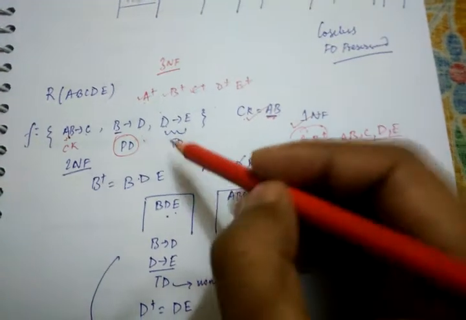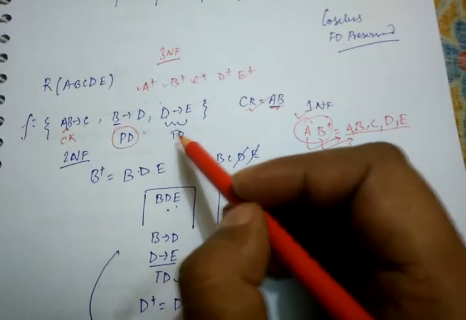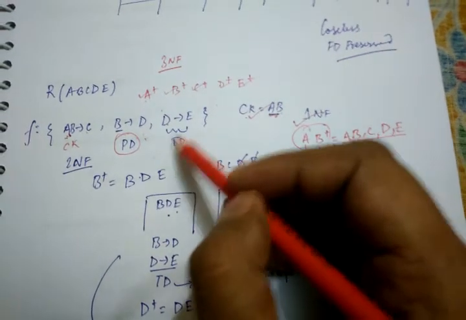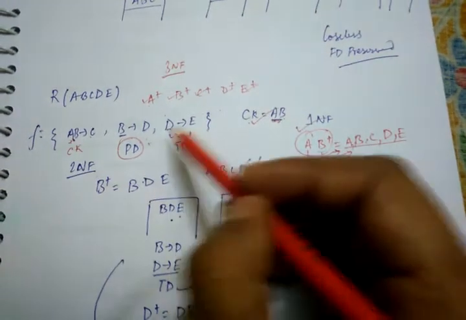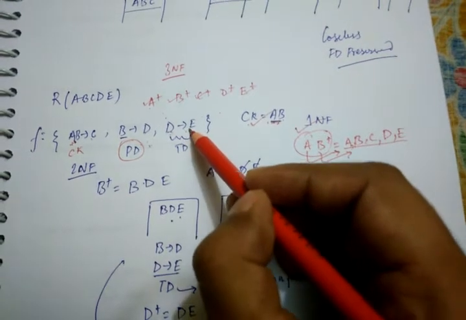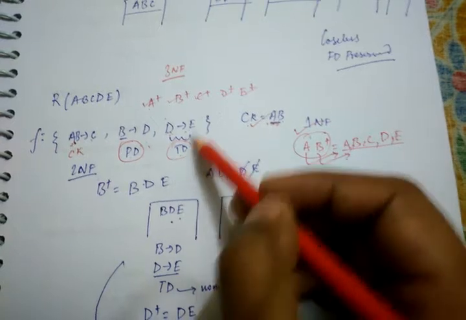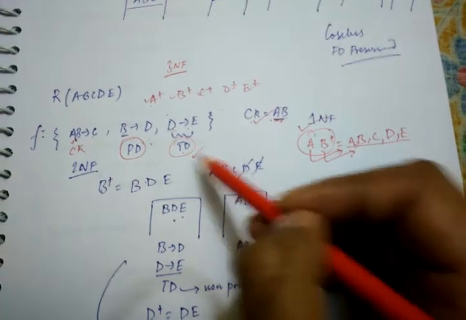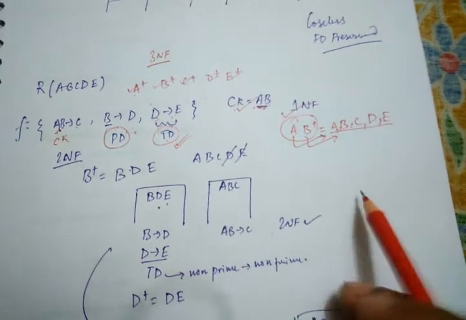And what is a non-prime attribute? Non-prime attributes are those which are not in the candidate key. As we can see here, D is not in the candidate key, so it is a non-prime attribute. A non-prime attribute determining a non-prime attribute is called a transitive dependency. We shall see it later while determining our third normal form.